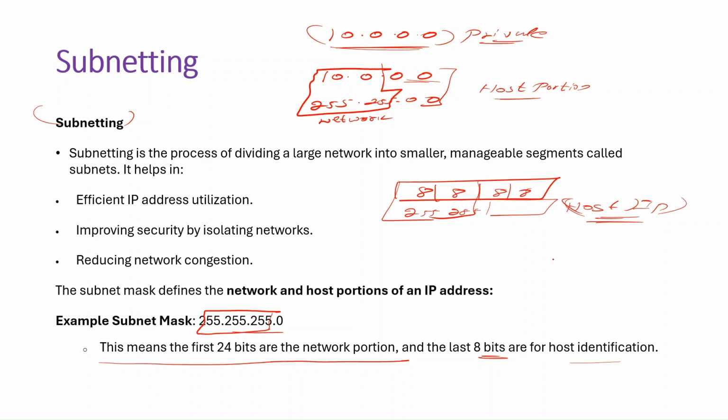I can reduce the risk in my network. And how many hosts? For example, now if I want to connect only 100 hosts, then I will use this subnet, because this subnet will give me up to 254 hosts. So this is more than enough for me to set up the virtual network.